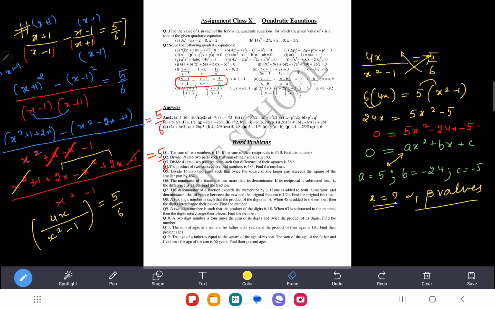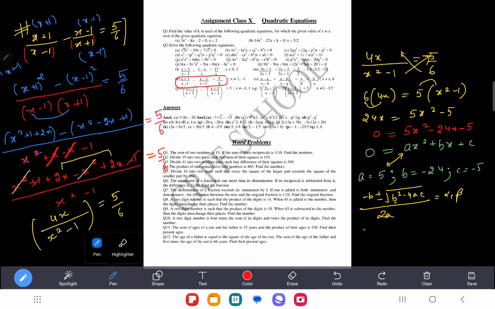By which method? Let me put in the values. So the formula we have is minus b plus minus under root of b square minus 4ac over 2a, which is going to be alpha beta. So put in the values. So we have minus of minus 24 plus minus under root of b square.